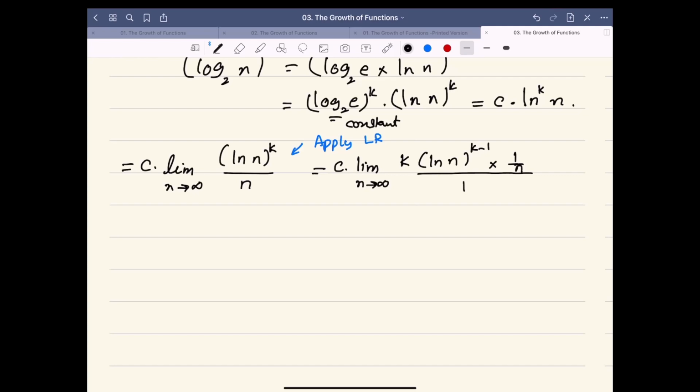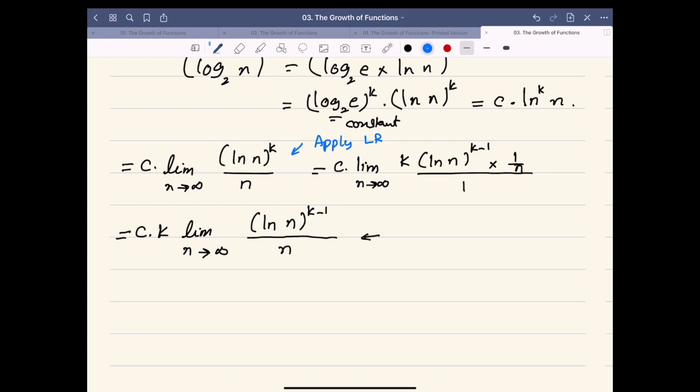Let us rearrange the equation. So this is equal to c. Now this is a constant, you can take it outside, and we have limit as n goes to infinity of ln of n raised to power k minus 1, and now this 1 over n will go down, so we will divide this by n.